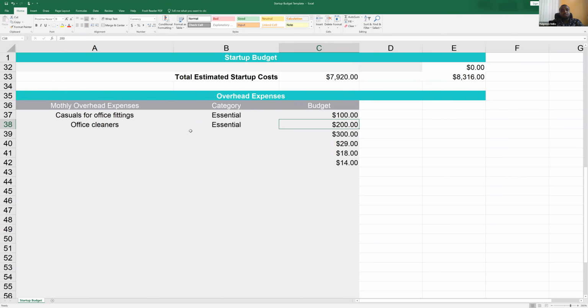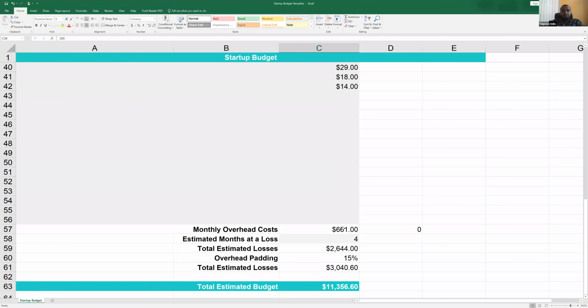So here you are going to give your overhead expenses, and at the bottom it's going to give you the total of the monthly overhead costs, right? Then you can estimate the months at a loss, how many months are you going to incur a loss? Remember, we said you're supposed to budget, you're supposed to estimate. When you're starting your business, you're supposed to estimate for a loss.